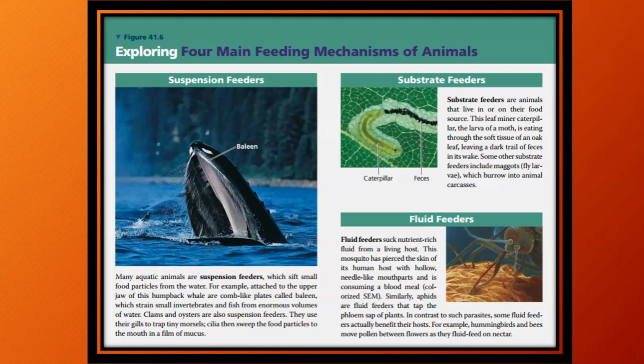I think some of the most impressive ones are these suspension feeders. So whales. Whales are some of the biggest animals on Earth. Humpback whales are the largest organism on the planet. And how do they eat? They are swimming through water and they're pulling in krill.